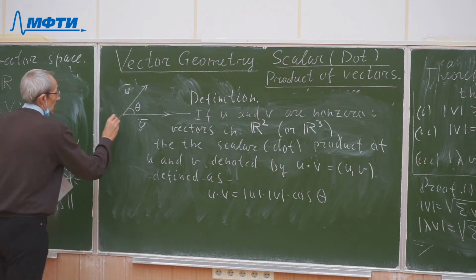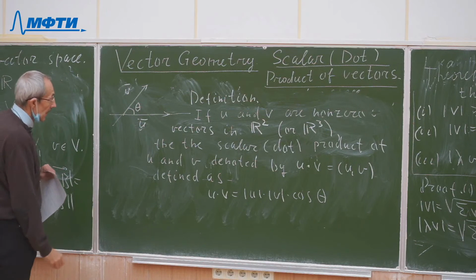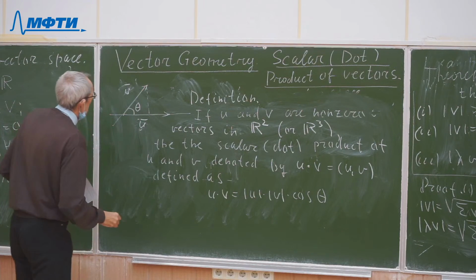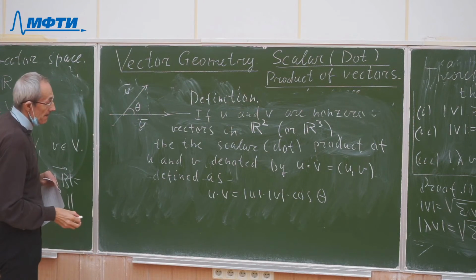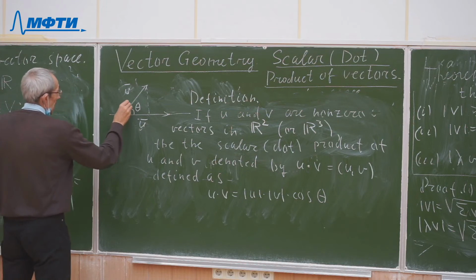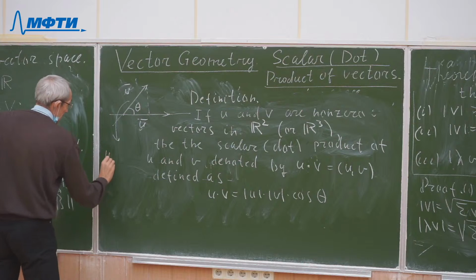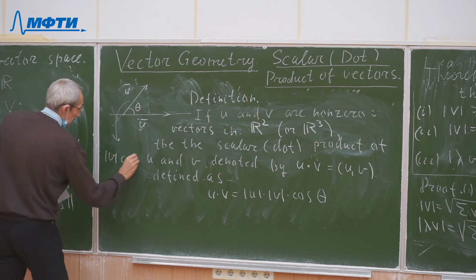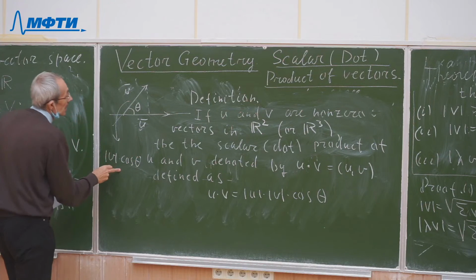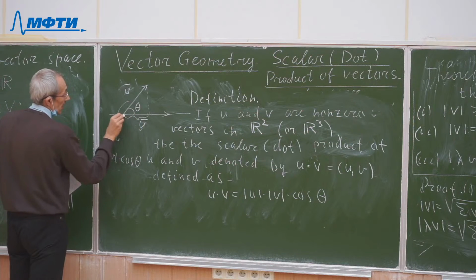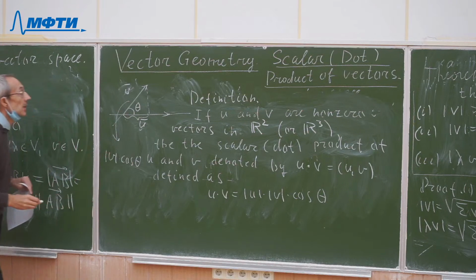What does this mean exactly? Let's note that the product of the length of vector v and cosine theta is exactly equal to the projection of this vector on vector u.